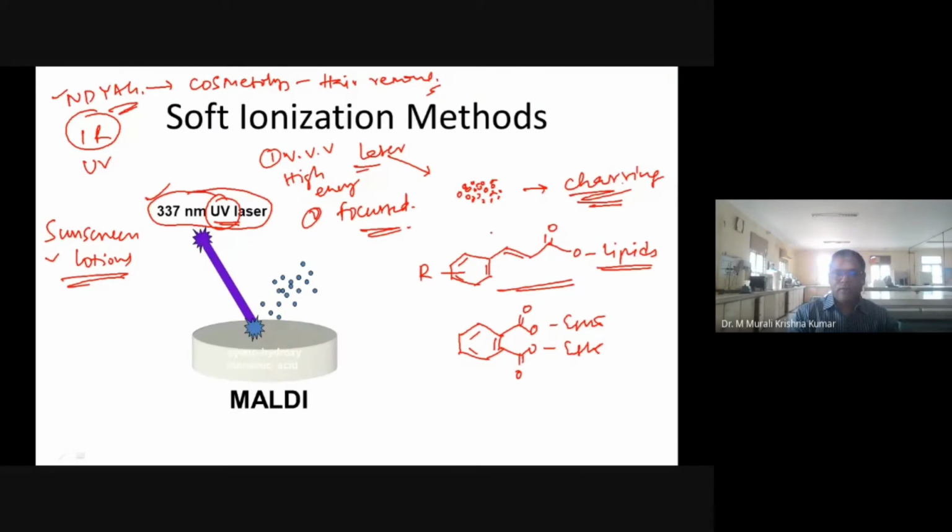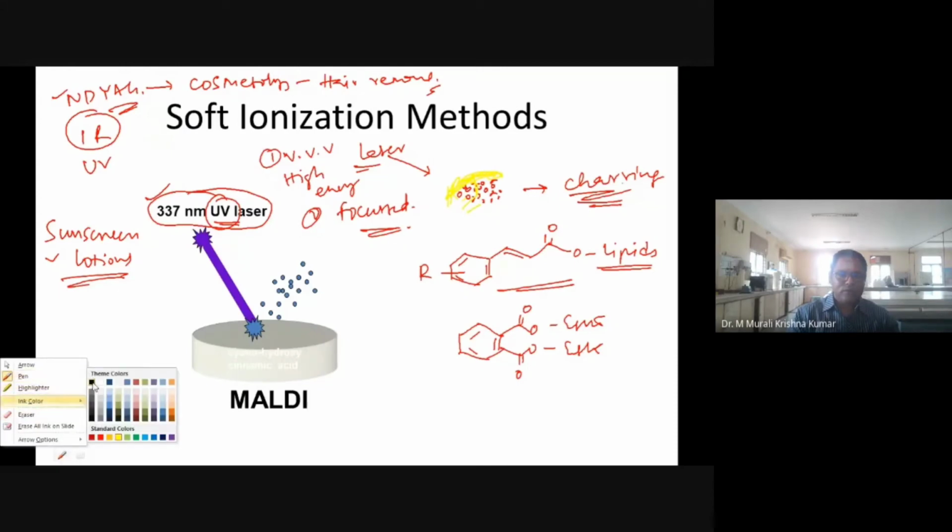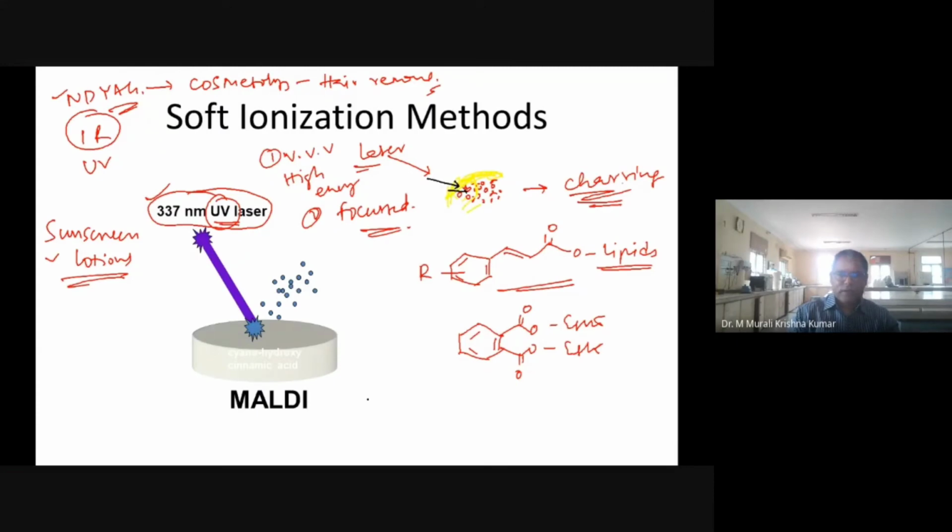Because a laser is coming and killing our compound, let's imagine that we apply a lotion. When we apply the lotion, if the energy is applied over here, this is the compound, this is the compound, this is the compound.